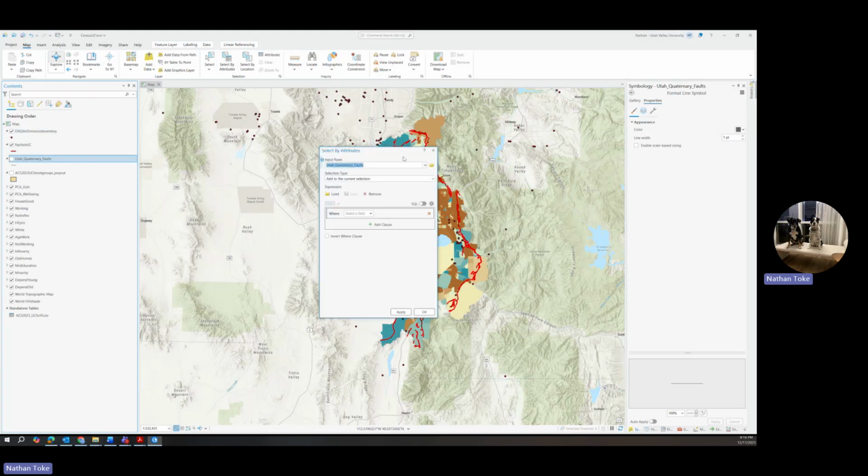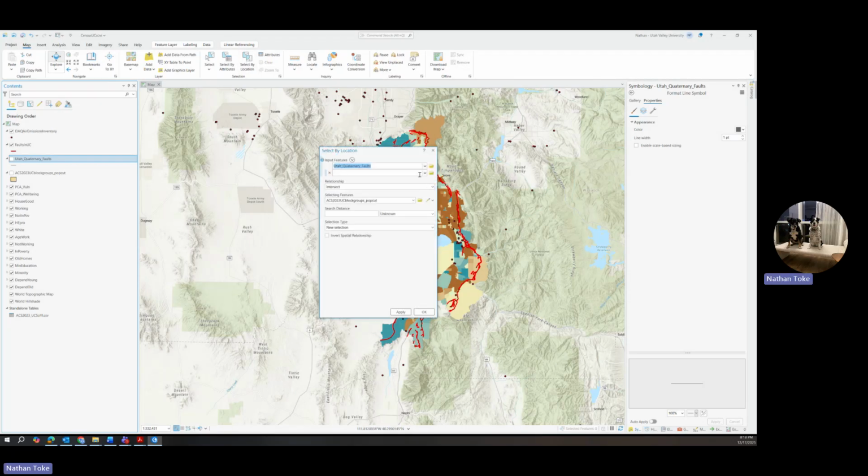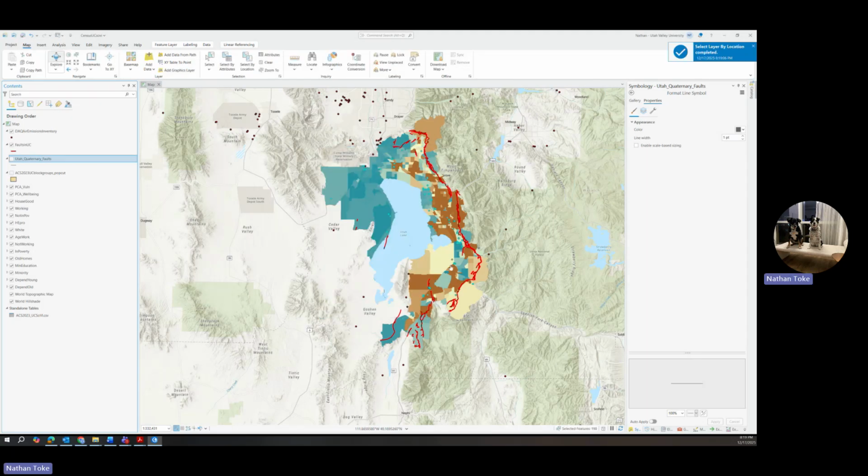So we can do, not select by attributes, but similar to what I did before, select by location, and emission inventory sites that are completely within seems fine, Utah County block group areas, apply. And that's selected all those sites.